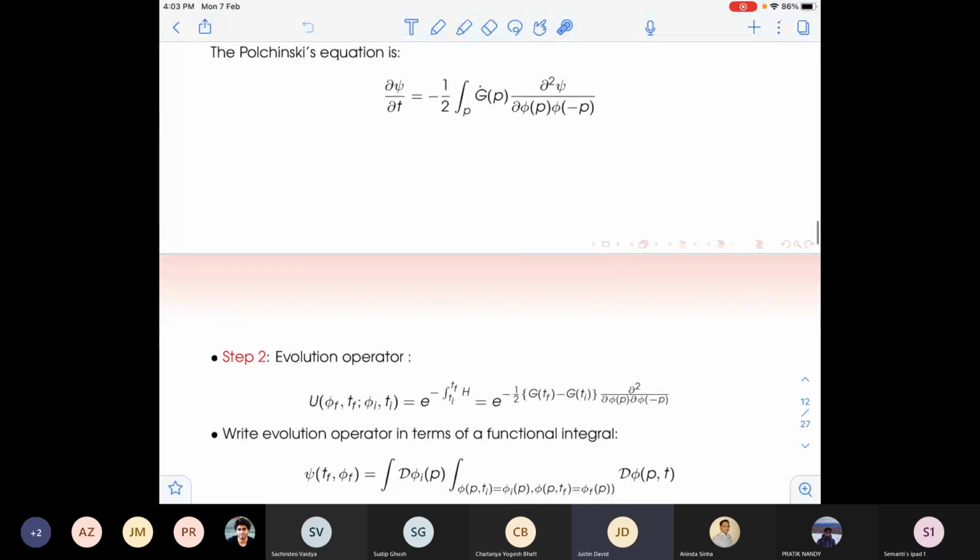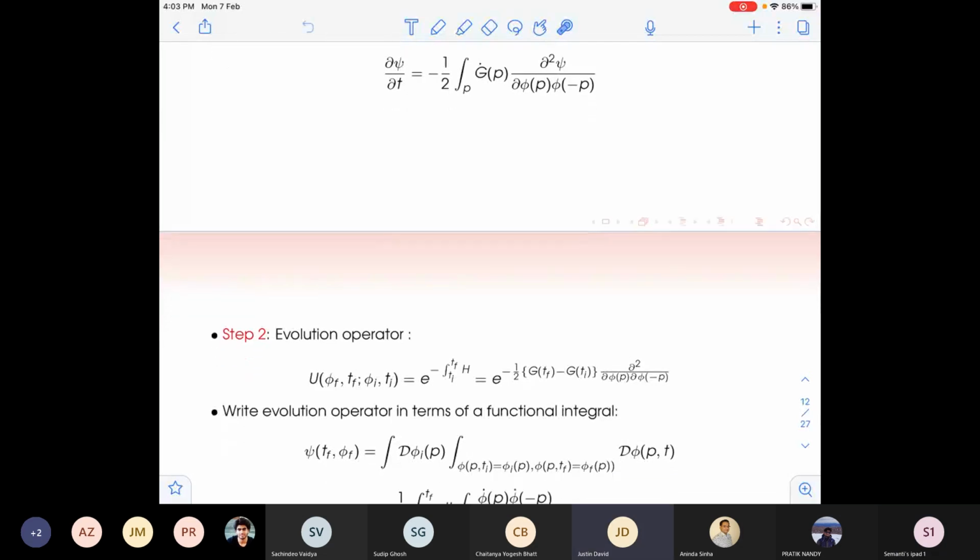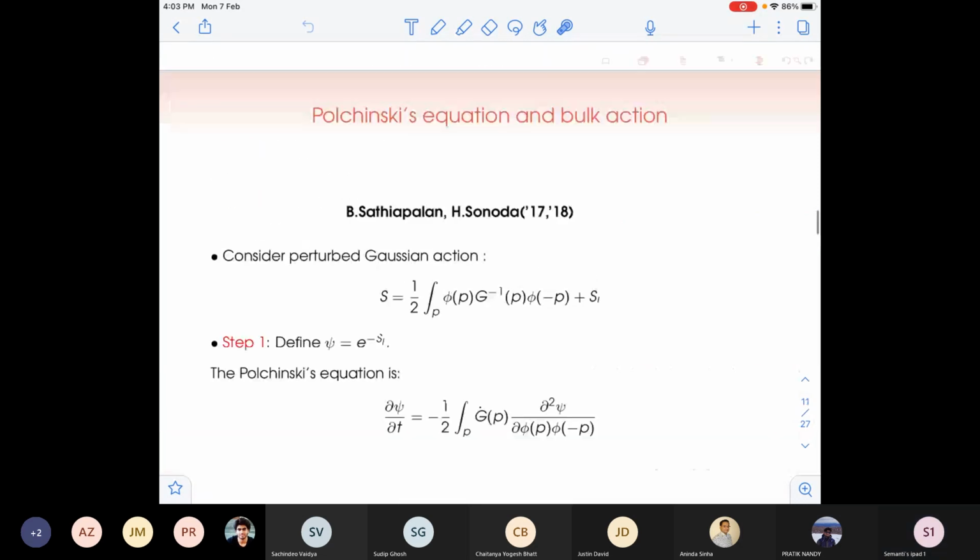I'm wondering how, whenever we are doing this here, effectively on this side we are differentiating with respect to phi. So we are not doing any explicit scale derivative, whenever we are writing the Polchinski equation.